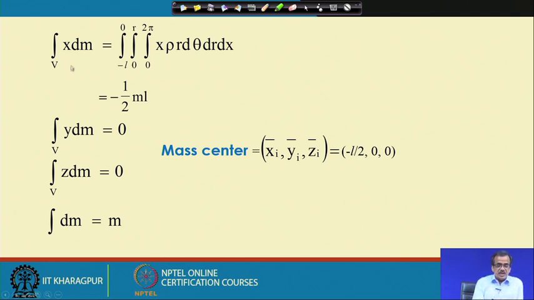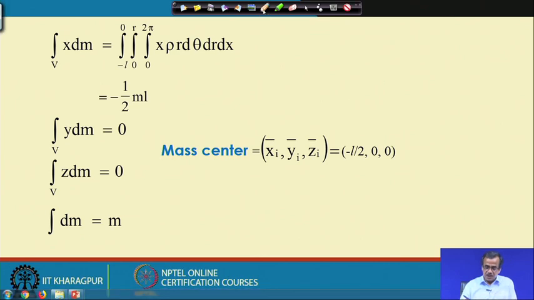Now, the volume integration of x dm, if we carry out, I will get minus half mL, then the volume integration of y dm will become equal to 0, then the volume integration of z dm will become equal to 0. Now, the mass center, that is x̄, ȳ, z̄, is nothing but (−L/2, 0, 0).